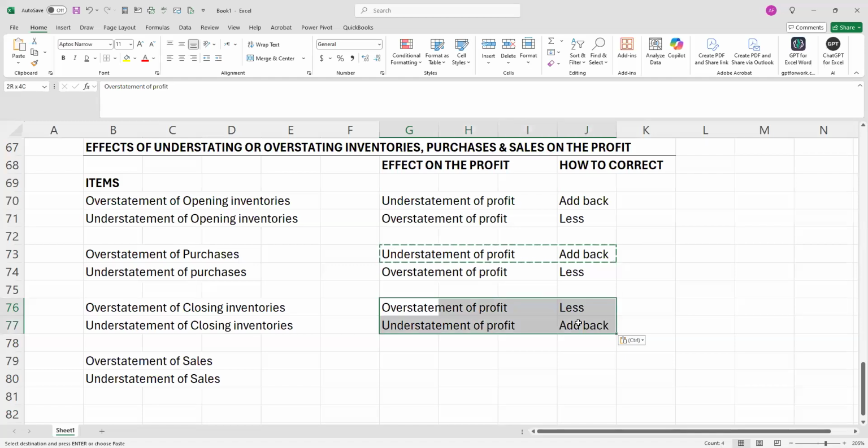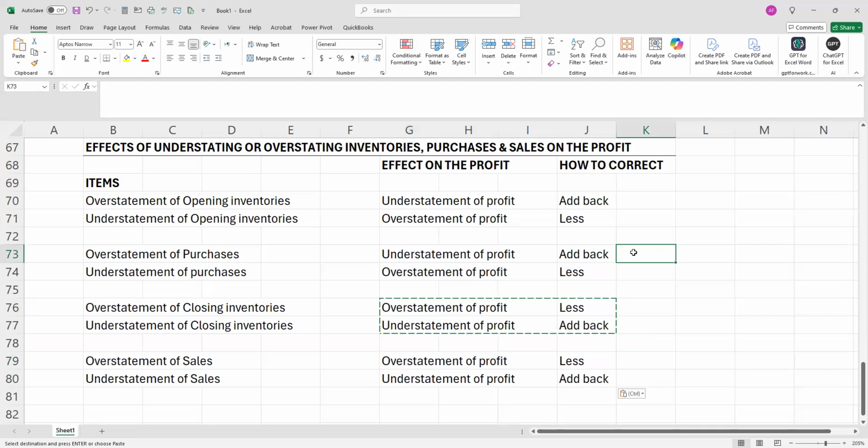The same effect on our sales. And I want us to prove it now.